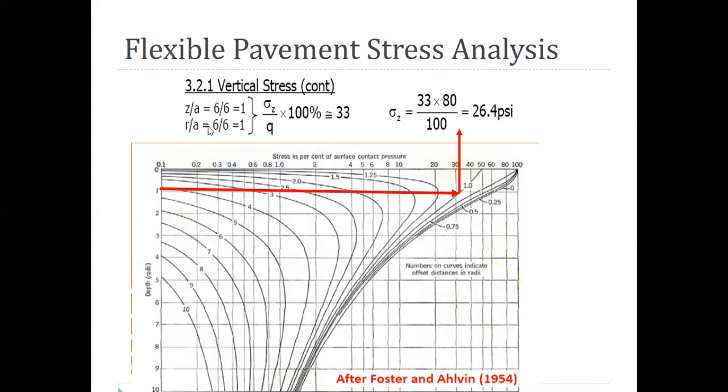Once we find it, we stop over here, and then we go perpendicular from this curve to find this value, that is sigma Z over Q into 100. Here it's more than 30. Now, it can be 33, but it can be 32.